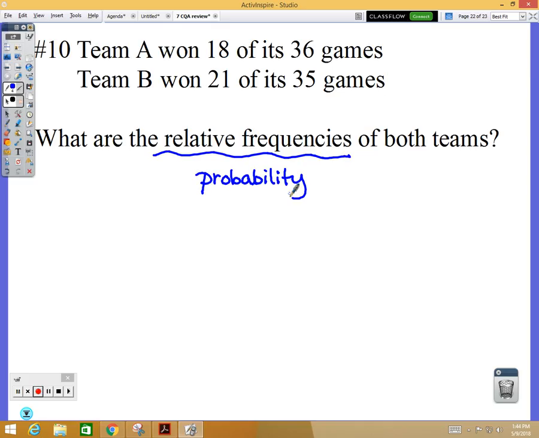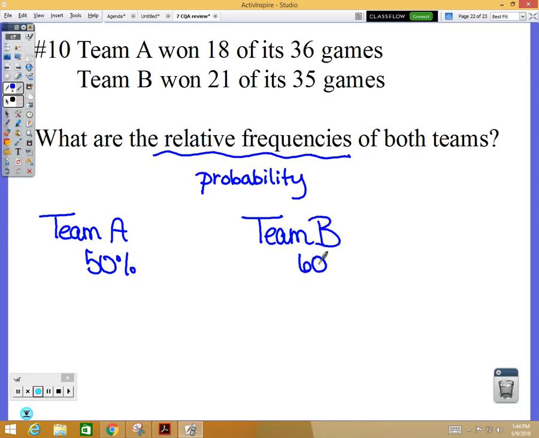So I don't care, because I'm the one that's grading it. So Team A, I would probably just write a percent, because I think that's the easiest thing to compare. And Team B is 60%. So it wants the relative frequencies, the probability of both teams. Okay? Not just the winning team, the best team. It wants it of both teams.